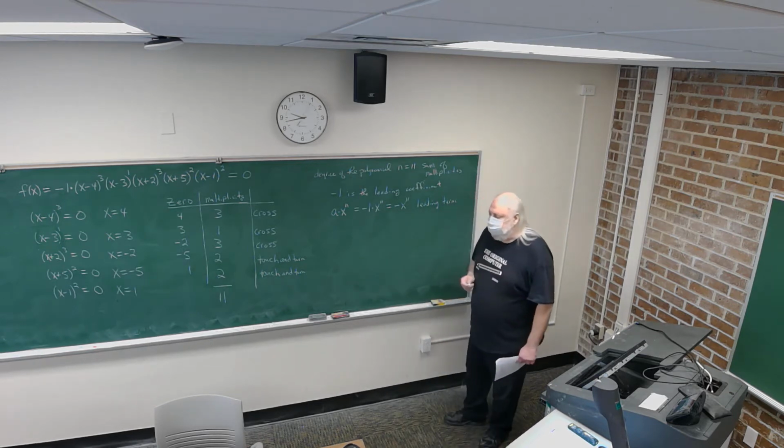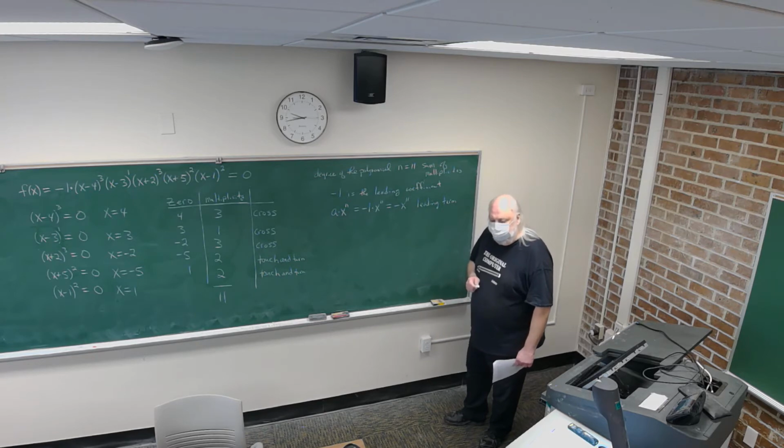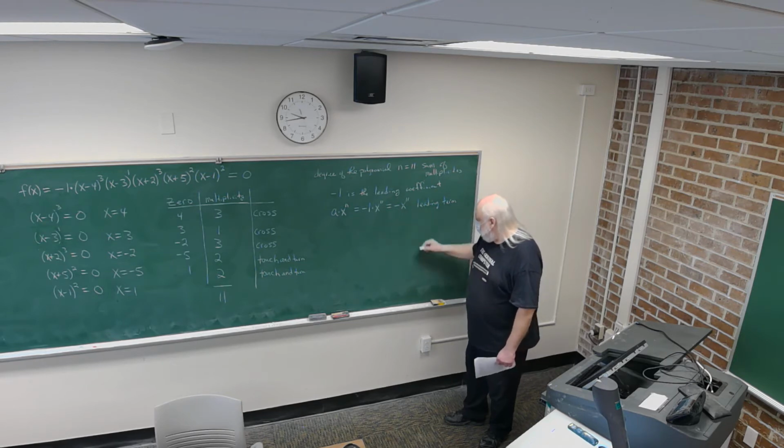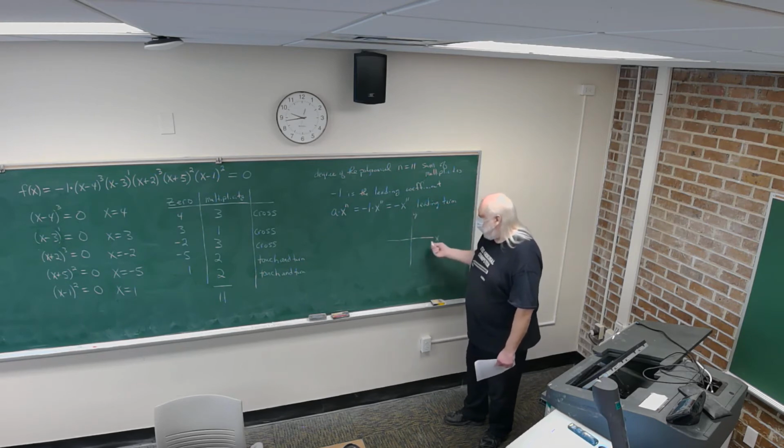Well, from the leading term, we can determine whether the right end of the graph goes up or goes down, and whether the left end goes up or goes down. So with minus 1 times x to the 11th, or the negative x to the 11th, what's going to happen on the right end?